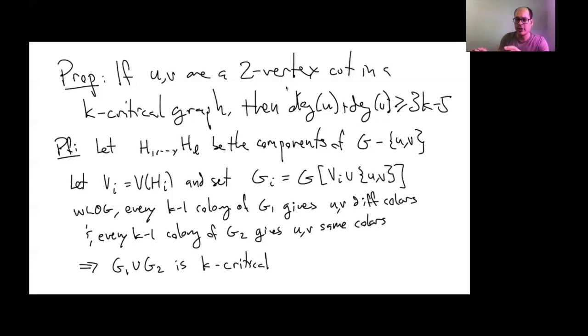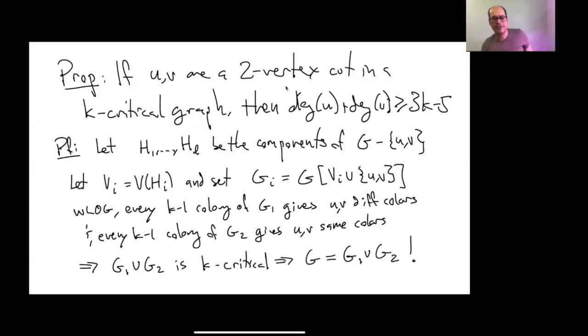But the only way to do that is to make the colors both agree and not agree at u and v, so that's impossible. Then again, if you look at anything smaller than G1 union G2, remove any edges or something like that, then that would be a proper subgraph necessarily of the original graph, and therefore it would be k-1 colorable. Therefore, this thing is k-critical.